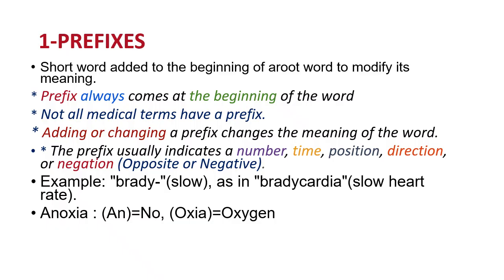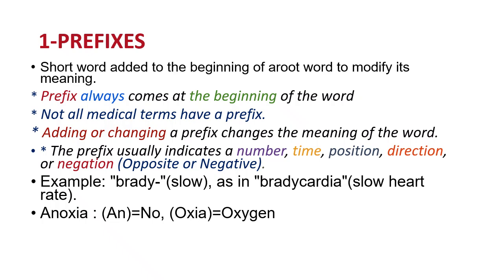The prefix usually indicates a number or time, position or direction, or negation. Negation means negative or non, opposite or negative. For example, bradycardia: we have brady, slow, means slow heart rate. Anoxia: an means no, it is negation or opposite.